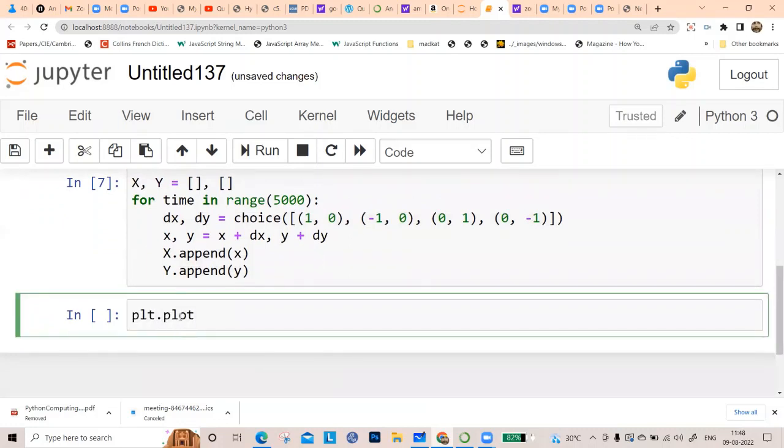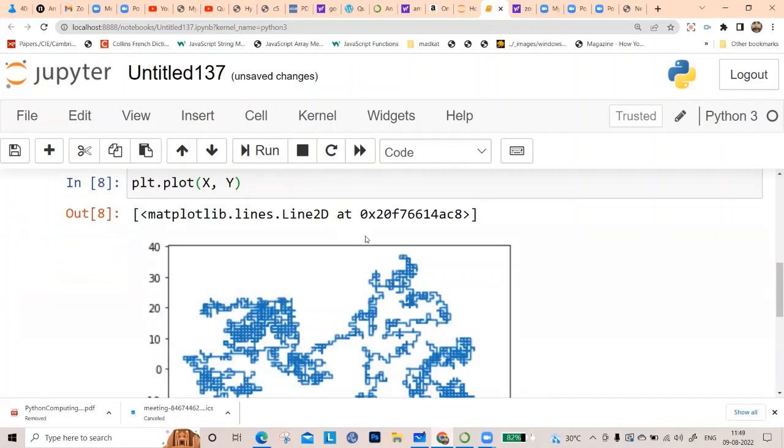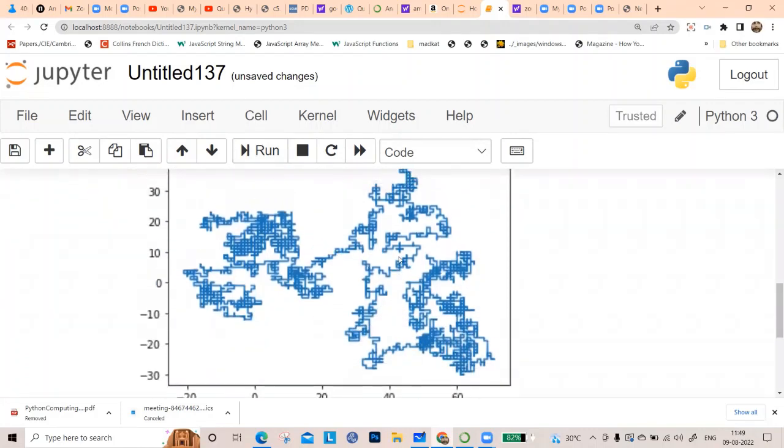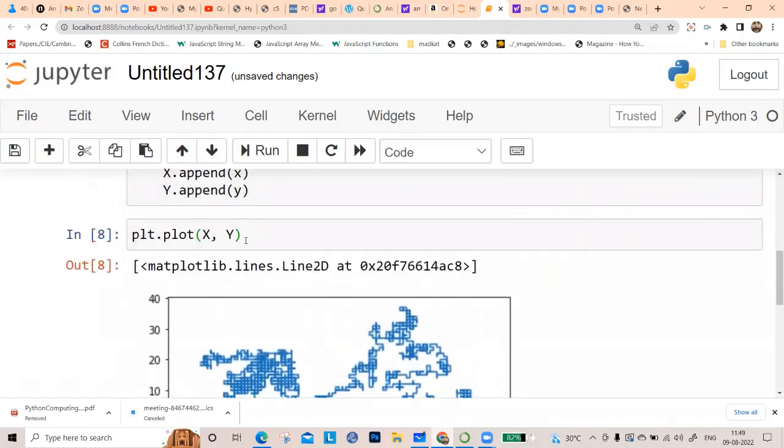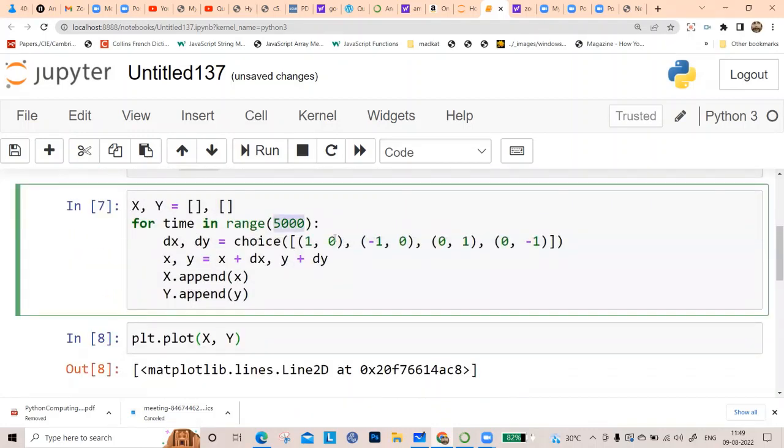plt.plot. If I write capital X and capital Y, here you don't need to write plt.show because I am working in Jupyter notebook, Anaconda Jupyter notebook. So this is implied. If I run it, it will generate one walk. This is one walk of 5,000 steps.